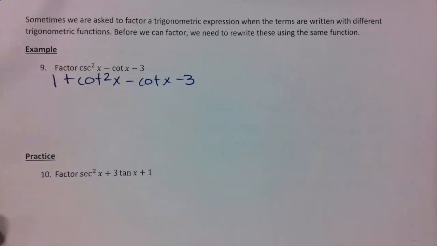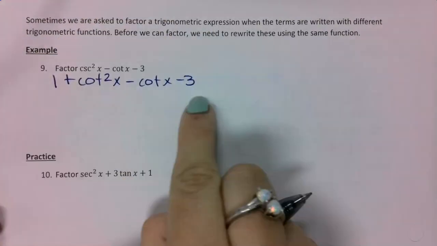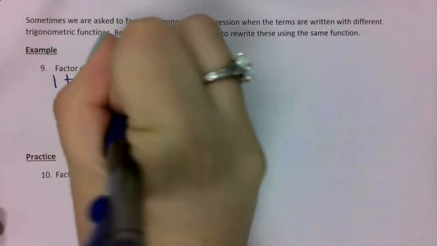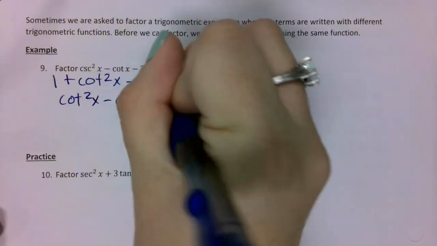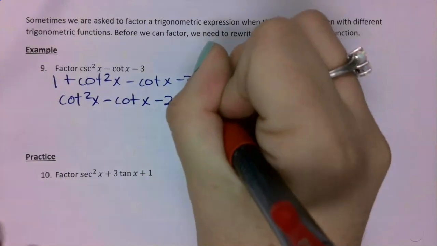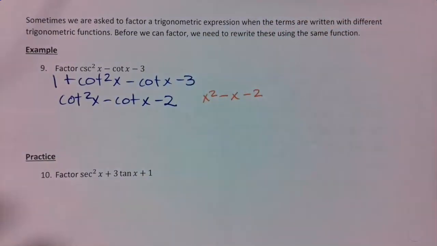Okay, so then I want to go ahead and combine like terms before I can factor. So this 1 is going to get added to that negative 3. Gives me negative 2. This is the same thing as if I had x squared minus x minus 2.